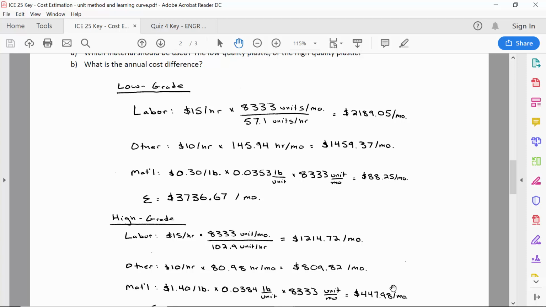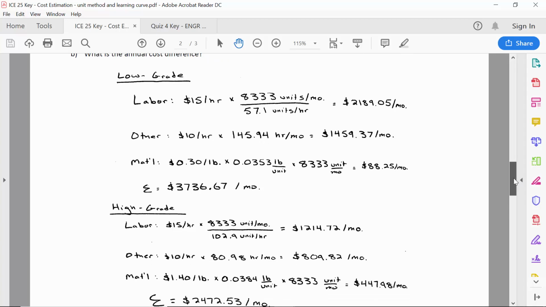But with the higher grade plastic, you're spending $447 a month on the plastic, but then the labor costs are so much lower. And these other costs are lower as well. We said that the other costs are $10 per hour for however many hours per month the production is going on. And with the higher grade plastic, we don't have to work as many hours because there are fewer defects in the parts and the production rate is quicker.